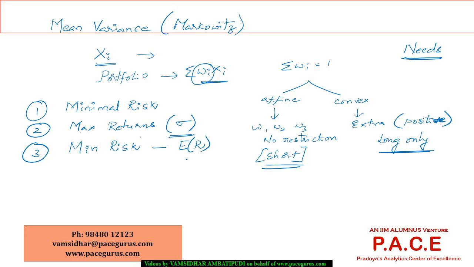So for this particular level of expected return, I want the risk to be as minimal as possible. Like this, people can create different kinds of optimization problems and try to solve them accordingly using a mathematical or numerical procedure.